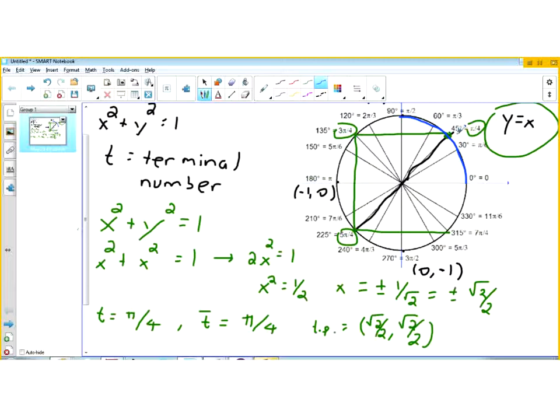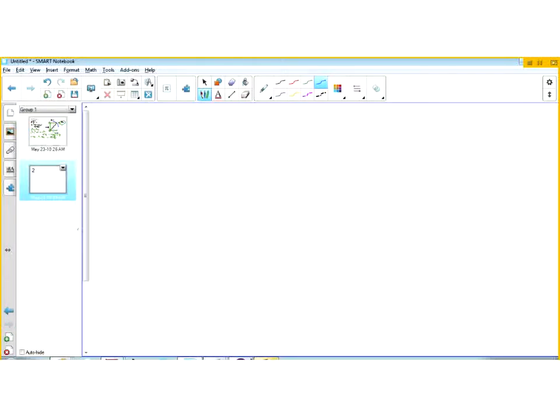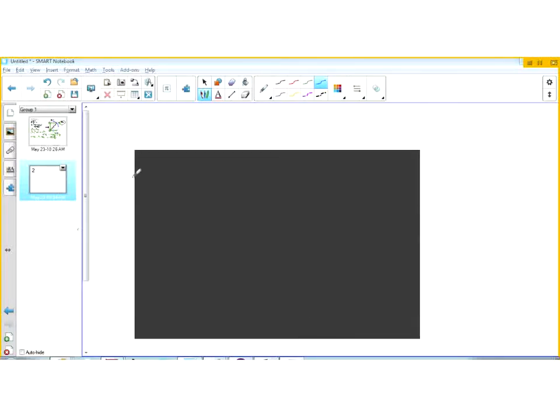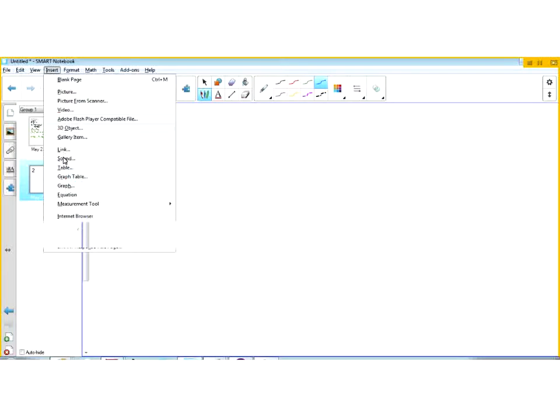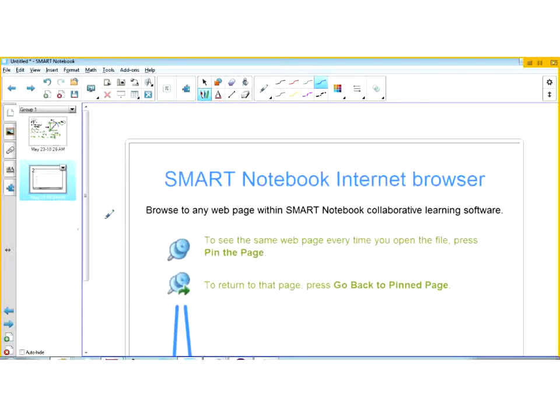So let me pull up a graphical editor. I'll insert an internet browser, and let me configure. We'll start off with, say, the cosine function.